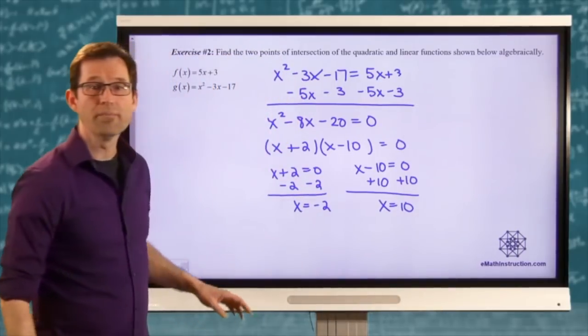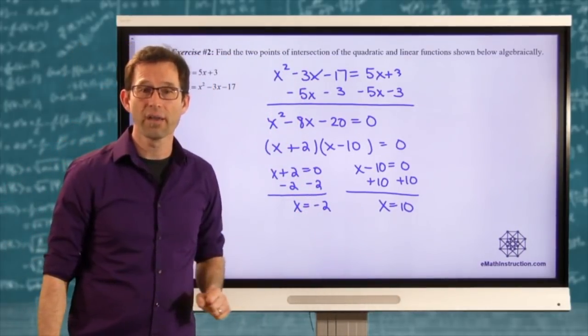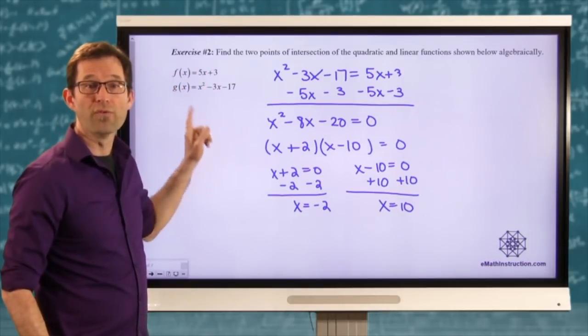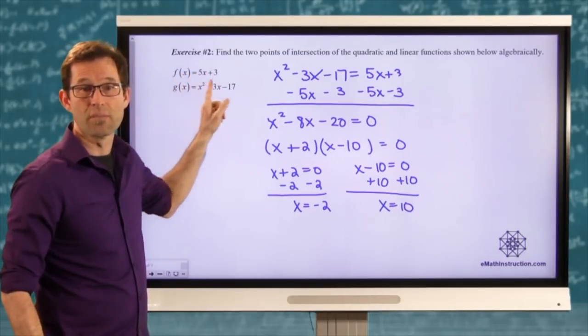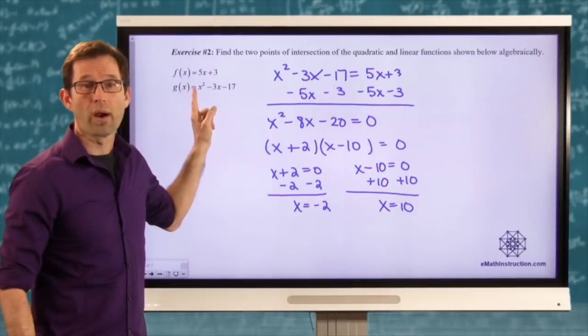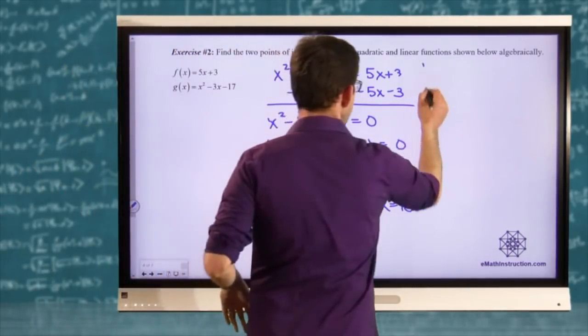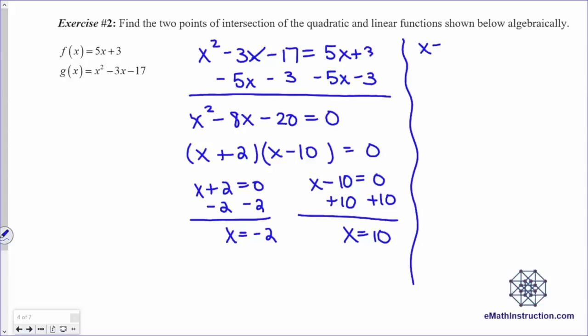Again, this is great, but these are only the x values. We also need the y values. We can put them into either one of the two functions, but quite frankly, this is going to be the easier one. That one just requires us to multiply by 5 and add 3. So, maybe over here, when I have x equals negative 2, my y will be 5 times negative 2 plus 3.